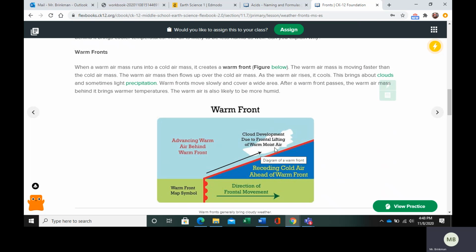And this is a little more gradual. So this brings about clouds and light precipitation. Warm fronts move slowly and cover a wide area. So this is more of a gradual change in the weather, and it's over a broader area. Okay, after a warm front passes, the warm air is going to leave behind some warm temperatures.